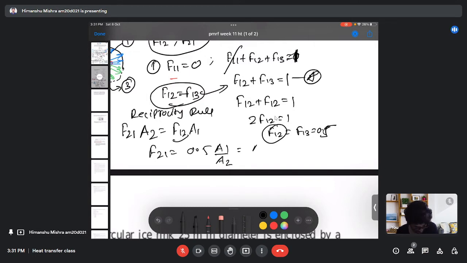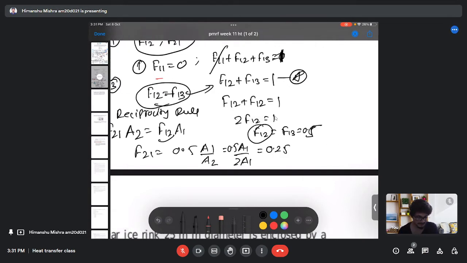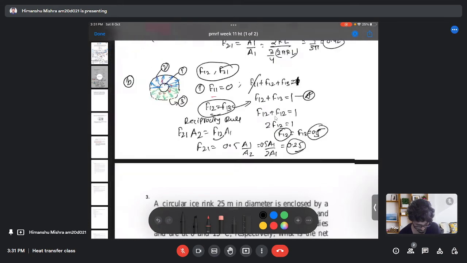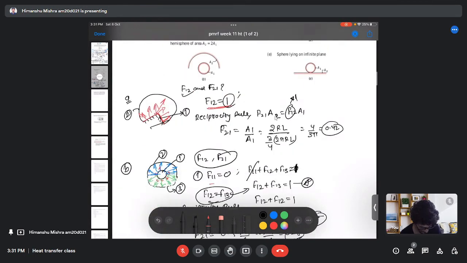I'm just putting in the surface areas. So this is my view factor F21. So my F21 is 0.25 and my F12 is 0.5. So here you can see that we used the symmetry rule, summation rule, as well as the reciprocity rule to find the view factors. So let's look at some other geometries as well.